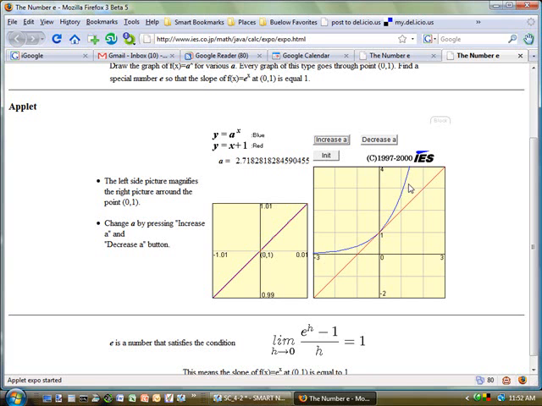This is the only graph that does this, okay? e to the x is the only graph that always has the same slope as its height. And that's why it's so fantastic for calculus, because its derivative is itself. It's kind of like it's its own derivative.